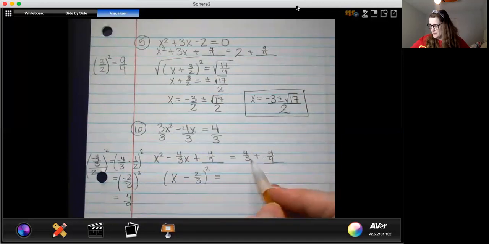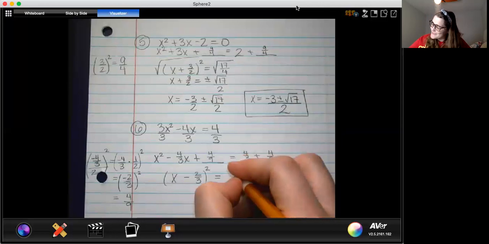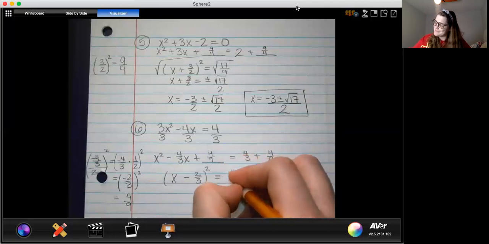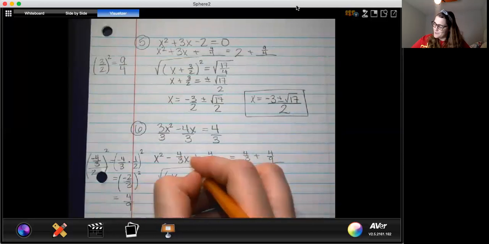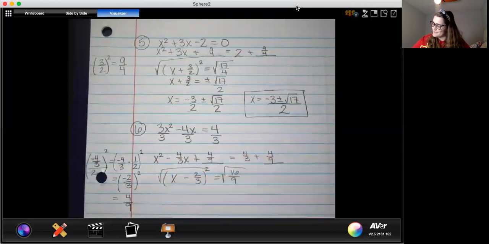Sorry, not 8/9. Let's try that again. 12/9. I need to multiply that by 3, not 2. So therefore we have 16/9. Okay, now we're going to take the square root of both sides.